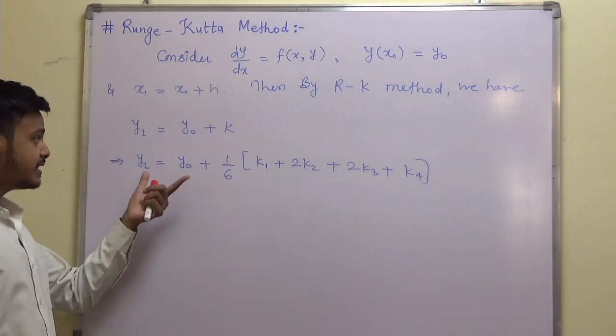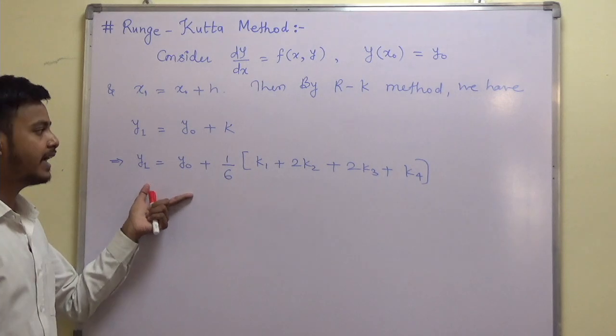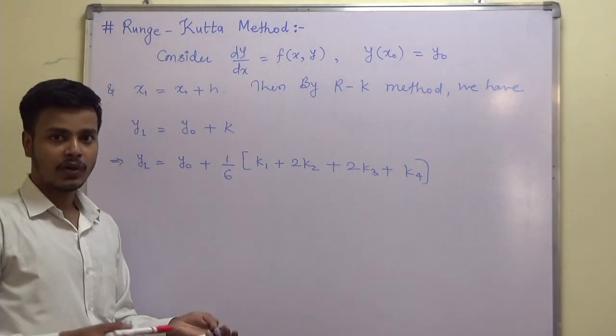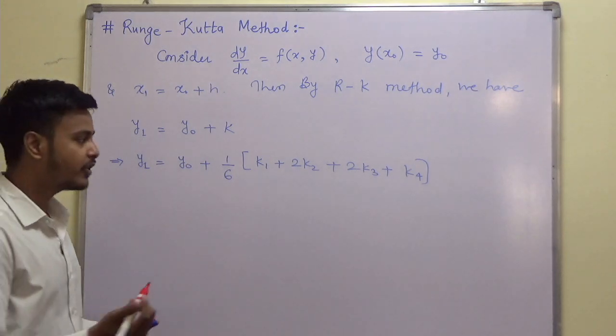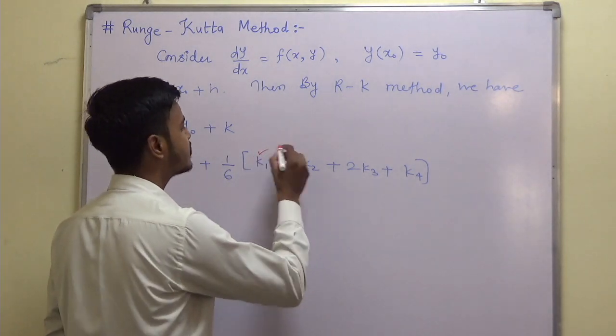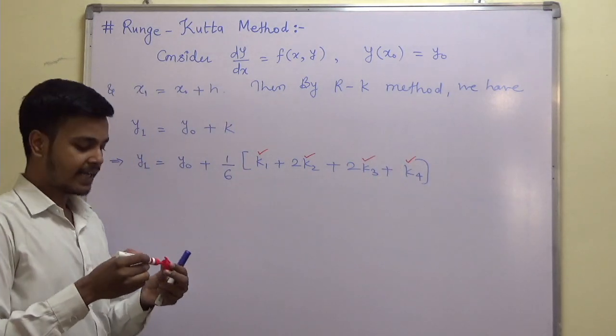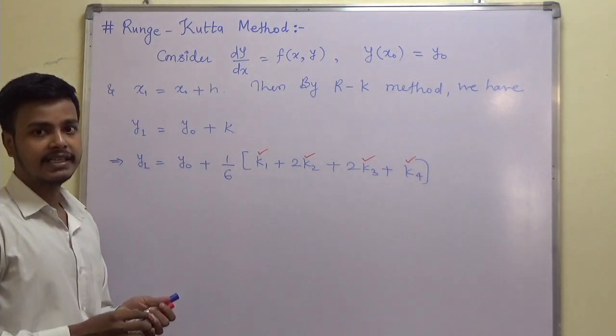This is the formula that we need to remember. Then what would be our objective? You are smart enough to tell me the next step: we are just going to find k1, k2, k3, k4 and substitute them in this formula to get the result.